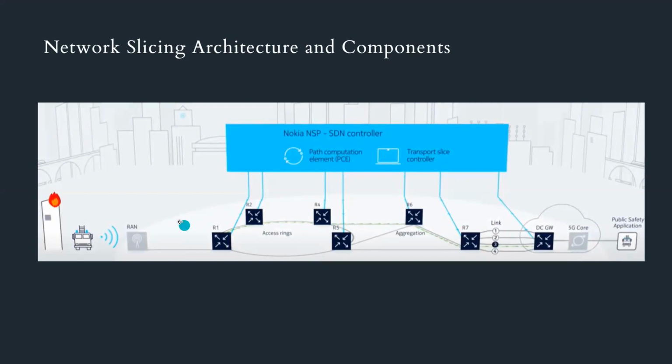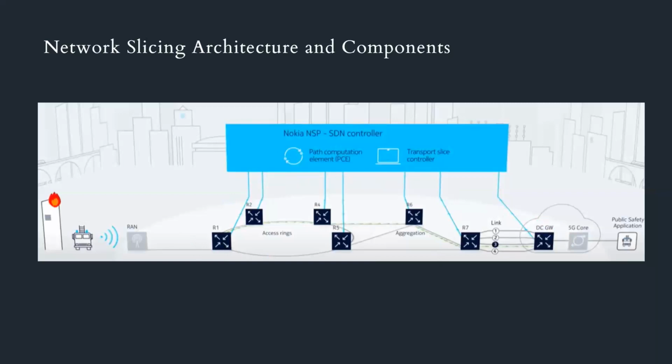So between the RAN and the core network, we have this transport layer or the transport network. In the transport network, we have these backhaul links which connect the RAN network towards the core network.